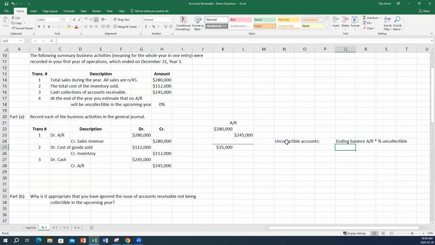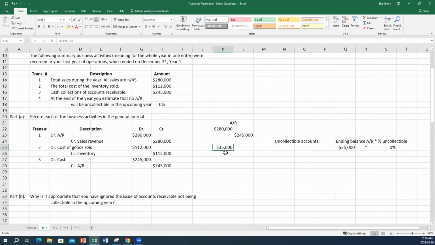So in this case, we're going to take the 35,000 and multiply it by 0%, which of course is going to be equal to 0, right? I mean, if I do that math, it's 0. So in this case, you think 0 is uncollectible. Doing this calculation, it means that the uncollectible amount is going to be $0.